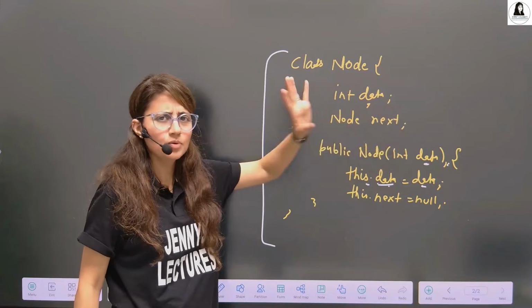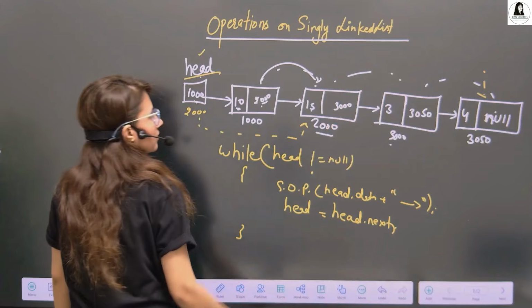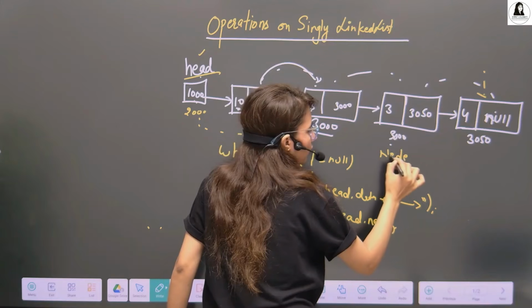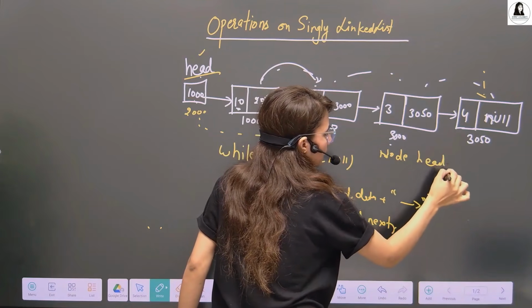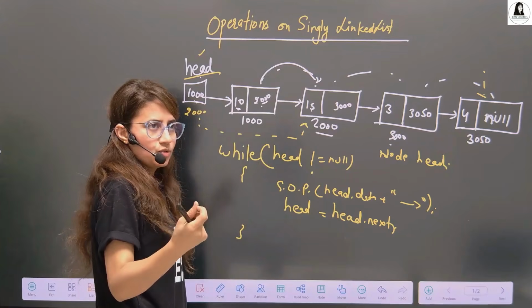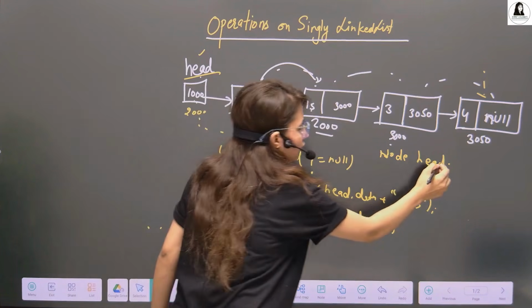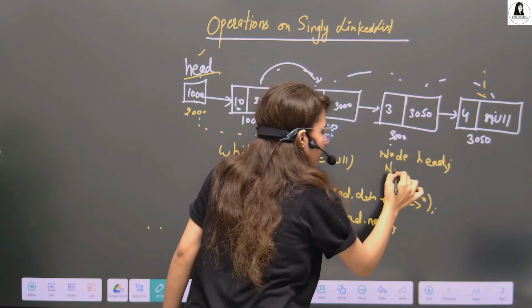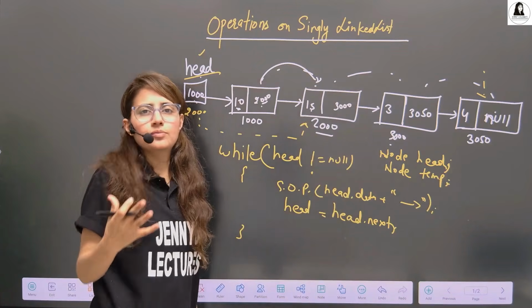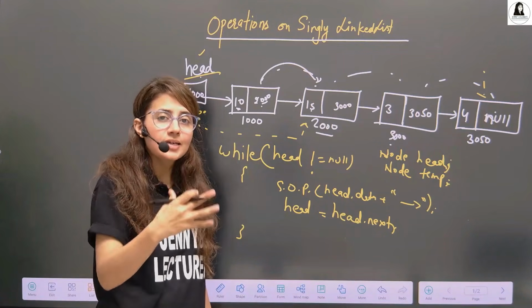So we have created this in our program, I assume that. If you create head, we can simply write somewhere in the program: Node head. So we have created a head reference variable, that is right now storing null, because we haven't initialized head. So we can create one more temporary reference variable, not a node.